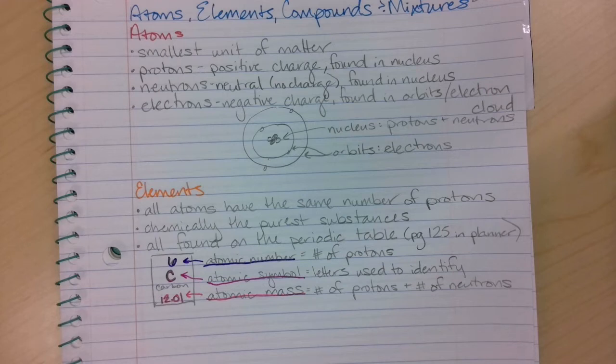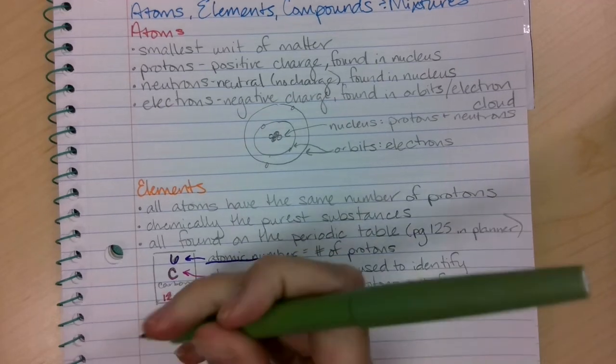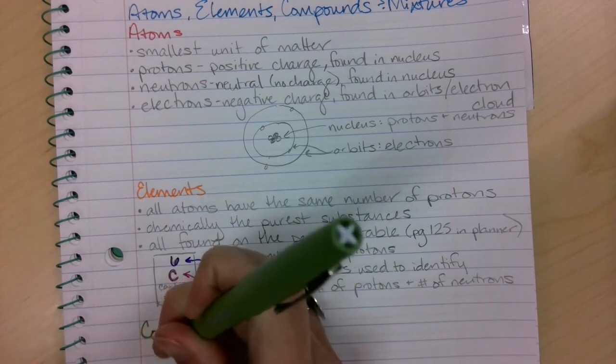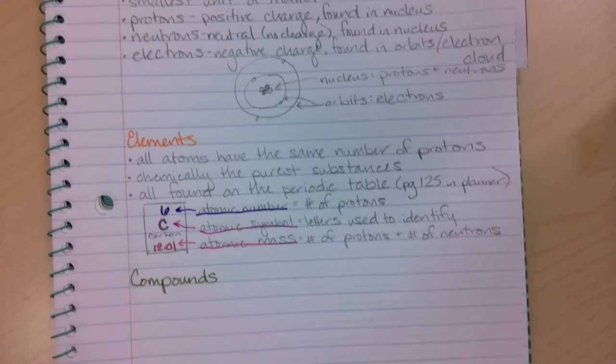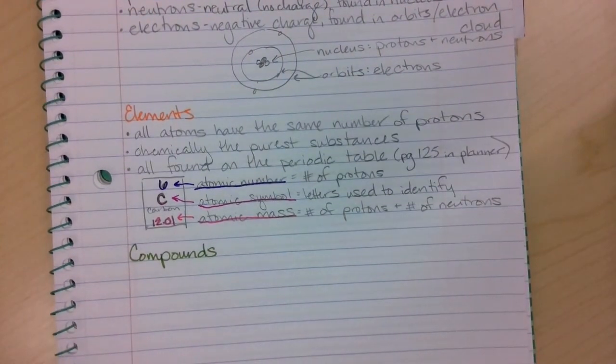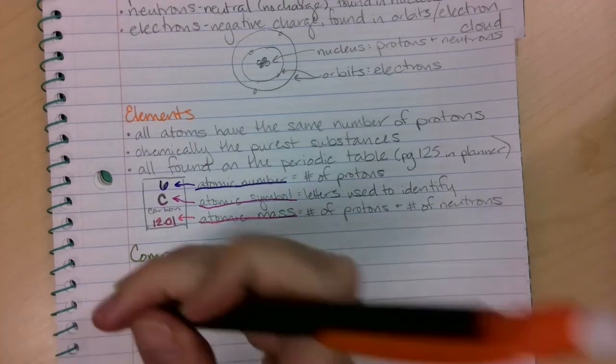And next, we're going to talk about compounds. Compounds are 2 or more elements that are chemically bonded together.